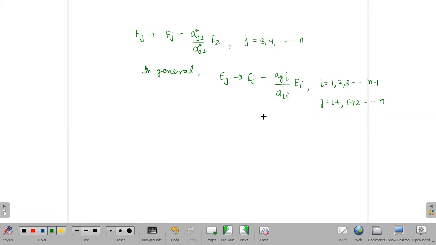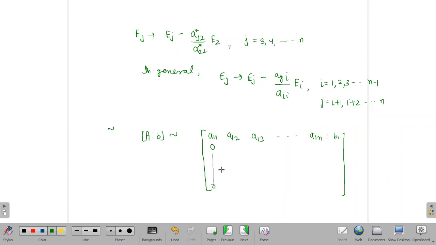So now this general operation will reduce the matrix into the upper triangular matrix. So A x = B will now be upper triangular. This is approximately equal to a11, a12, a1n, b1.